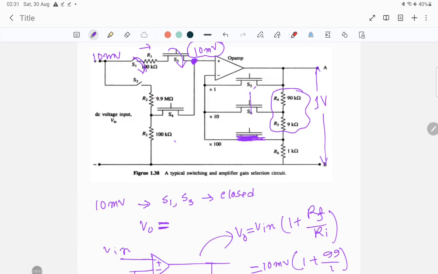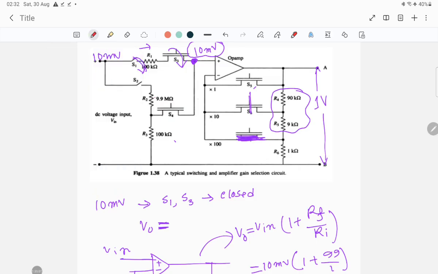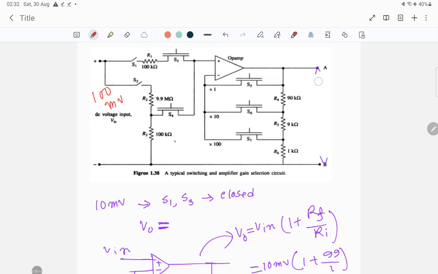So only at that time S6 is used for 100 millivolt. If you provide 100 millivolt, then S1 will be shorted, S3 will be shorted, and you need a 10 gain factor, so S6 will be shorted and all the other switches will be kept open.